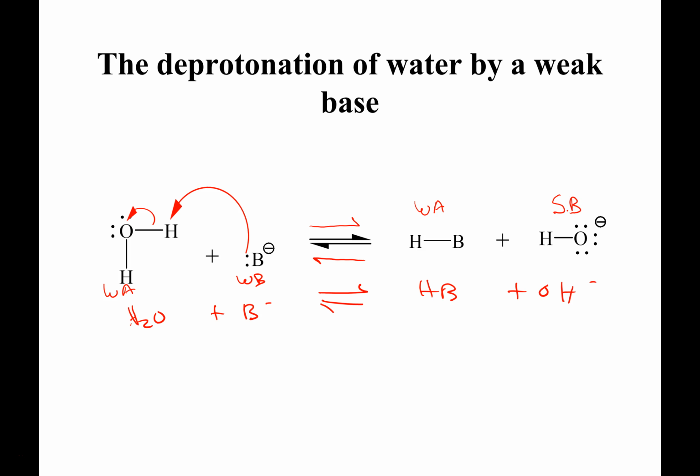It's a base, it's a proton acceptor, and it's a strong base. But you need to get used to that whole going from left to right and going from right back to left again. It's a whole picture sort of thing, just like it was with the acids.